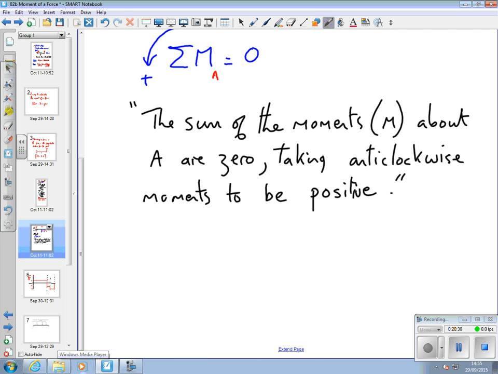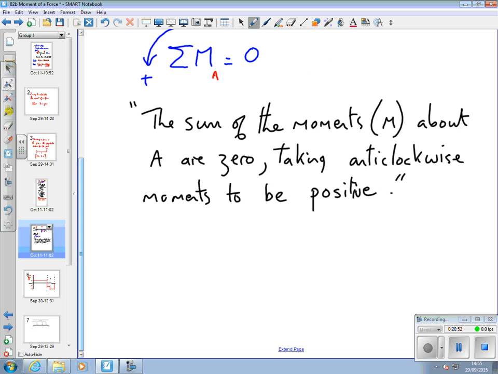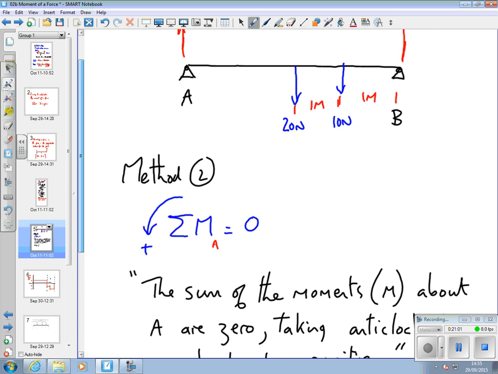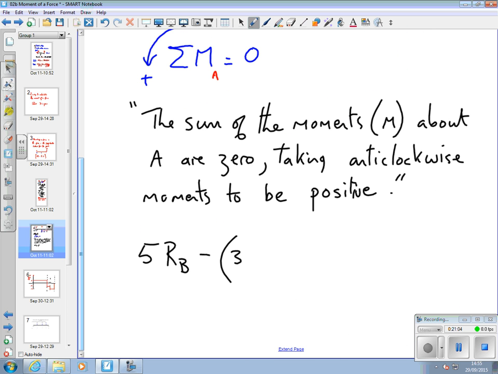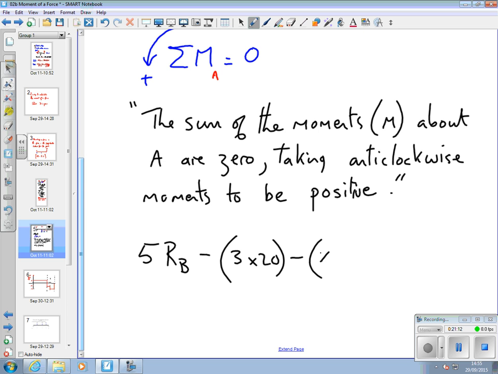The sum of the moments about A are, going positive first, so reaction force at B times 5, that's positive, minus 20 times 3, minus 10 times 4, equals 0.